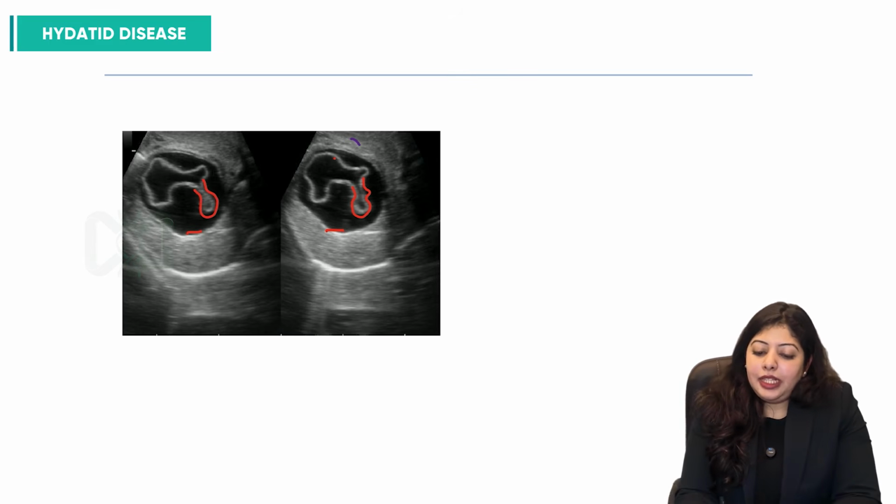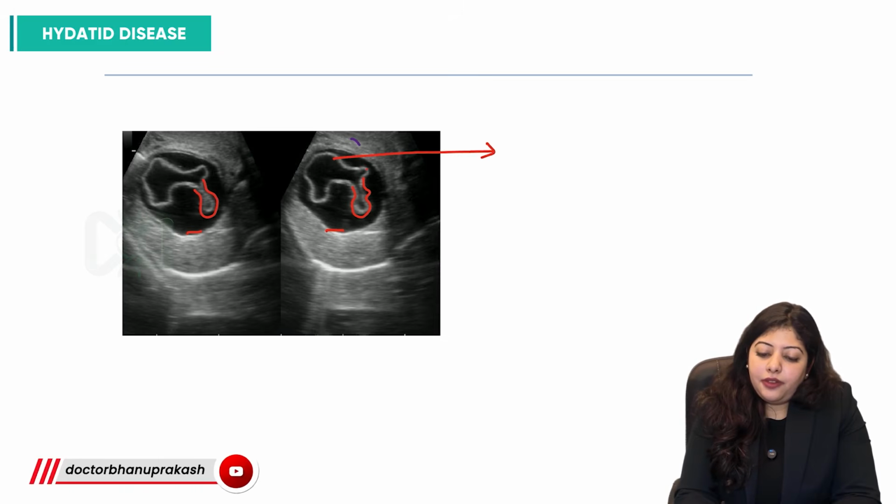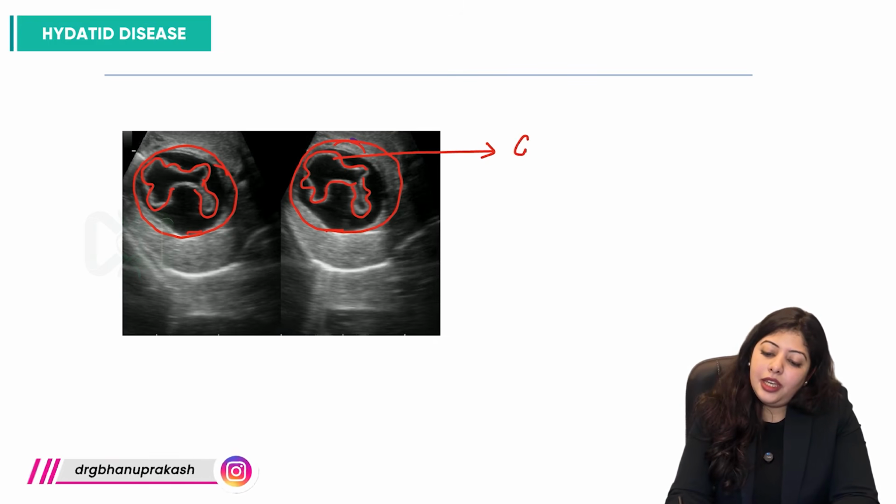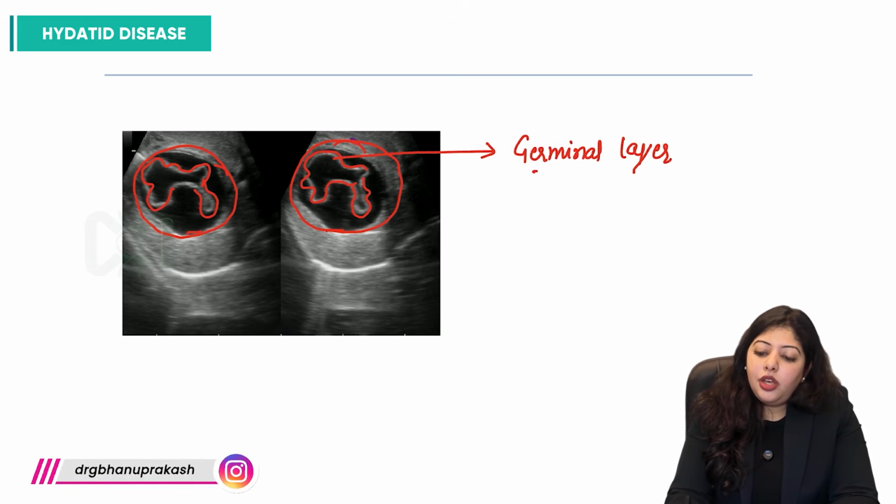Firstly, this particular layer, which is present irregularly inside a cavity, this irregular structure rather, is the germinal layer or the endocyst.